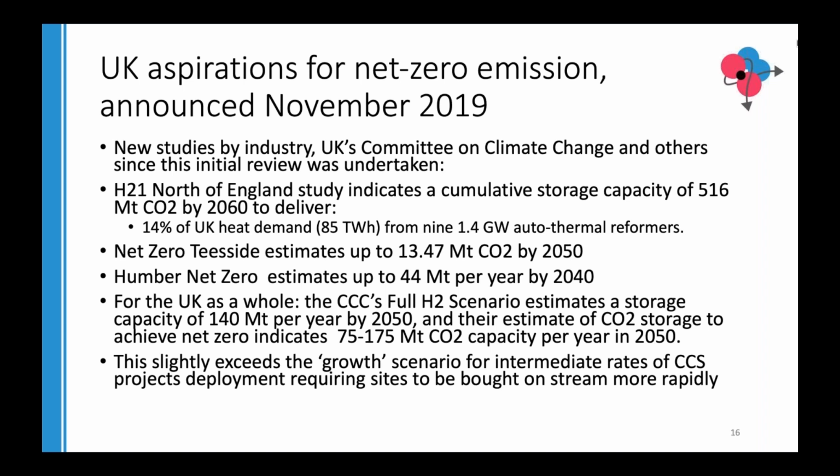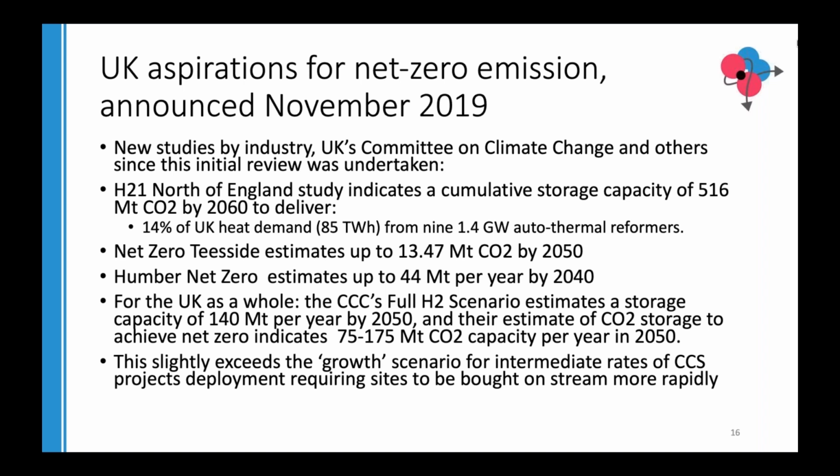And similarly, we've also had estimates produced by the Humber region, up to around 44 million tonnes of CO2 captured by 2040. And we can also see that for the UK as a whole, with the Committee on Climate Change full hydrogen scenario that they published last year, again, a reasonably significant capacity is required to achieve net zero, estimated at between about 75 and 175 million tonnes CO2 capacity in 2050.